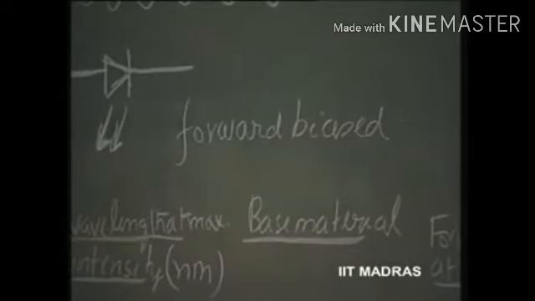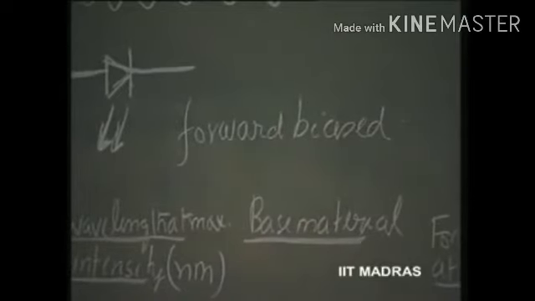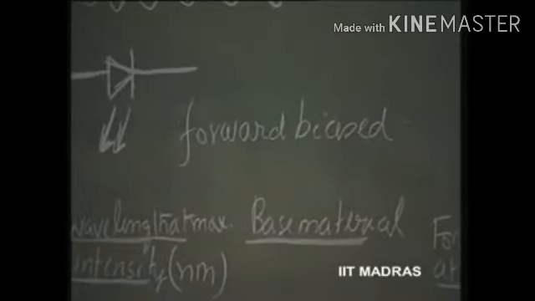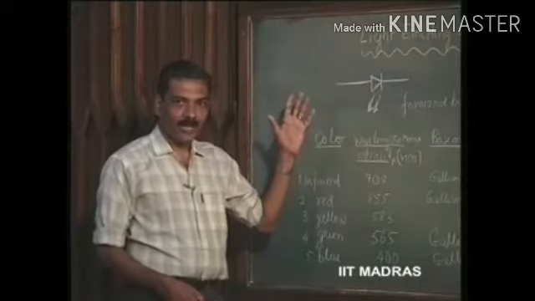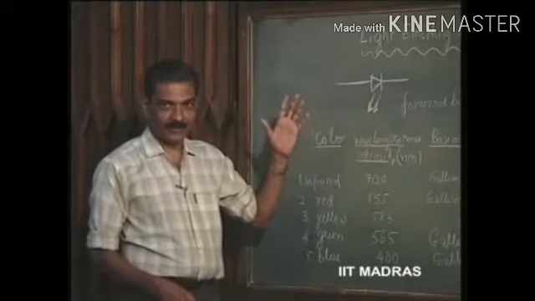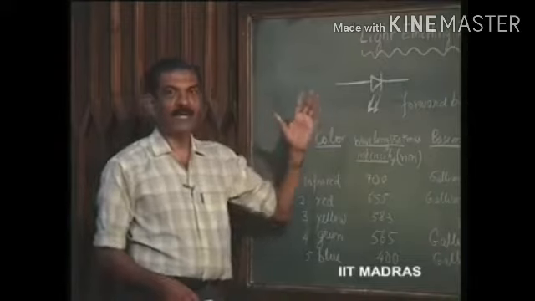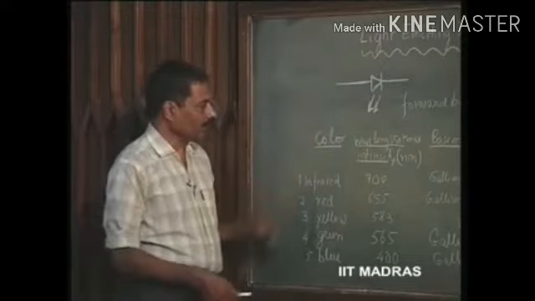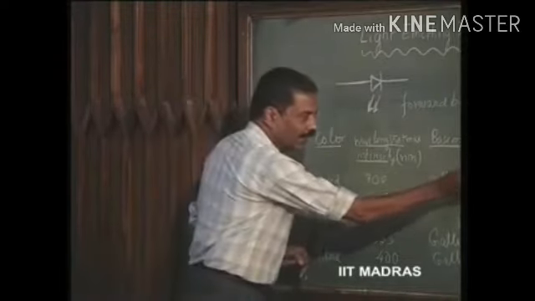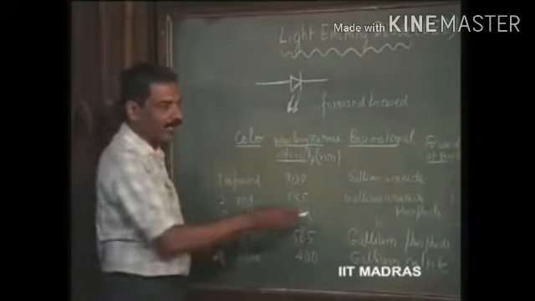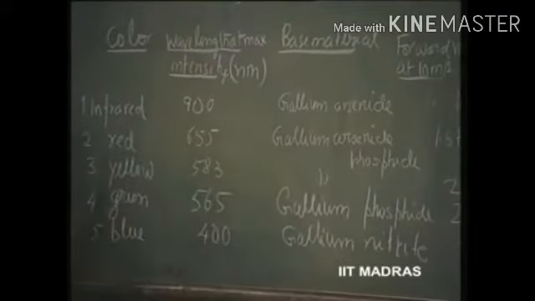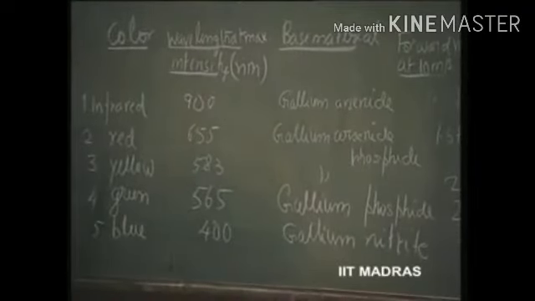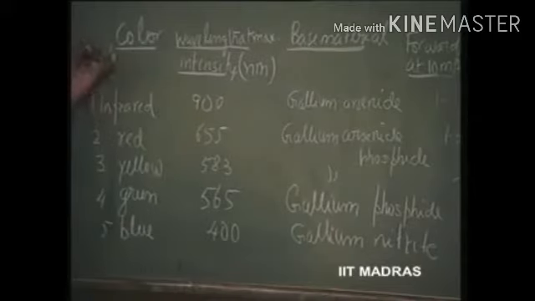It is important that such a diode is not a silicon diode. It is made out of not the group 4 element which is silicon, but a 3-5 compound element, such as gallium arsenide, gallium arsenide phosphide, gallium nitride, or gallium phosphide.